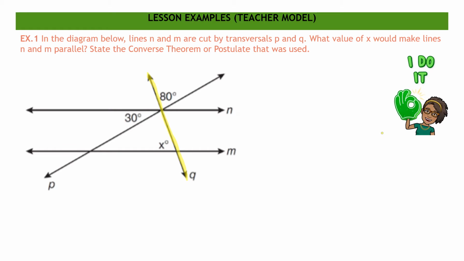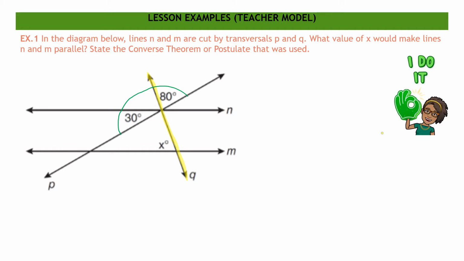Well, I need to find an angle that is on this transversal line Q because we need to find some type of relationship with X. As I can see, both of these angles, 30 and 80, are on the same line. And we know that if we have angles on the same line, then those angles are supplementary. That means that they add up to 180 degrees.